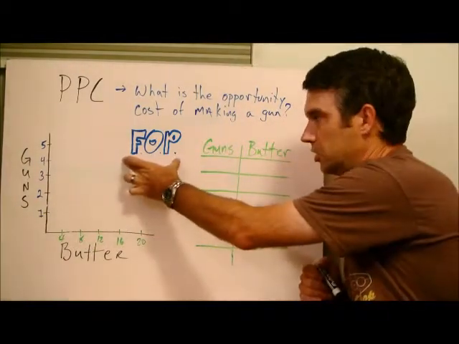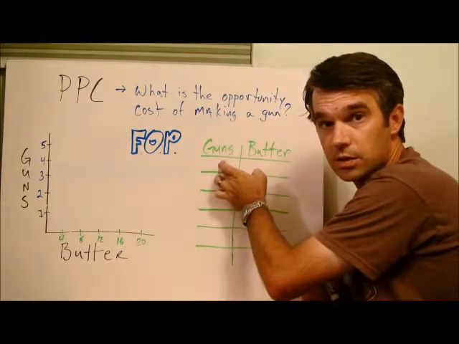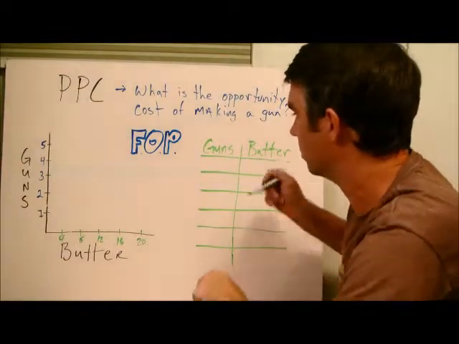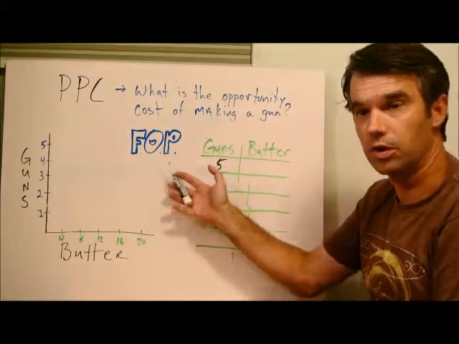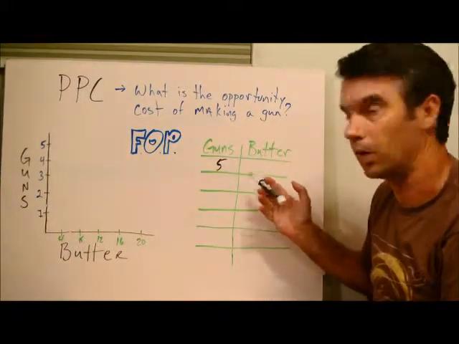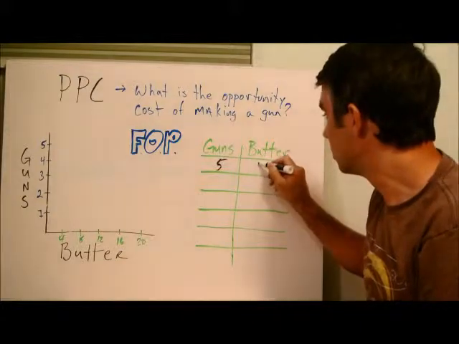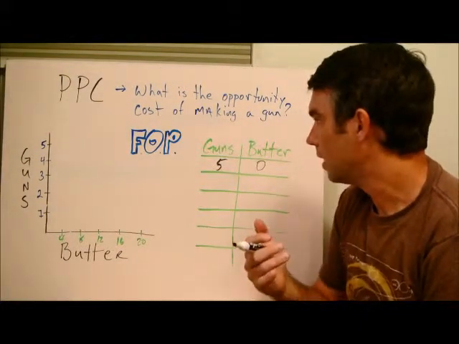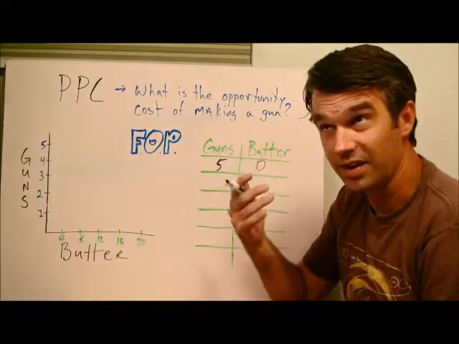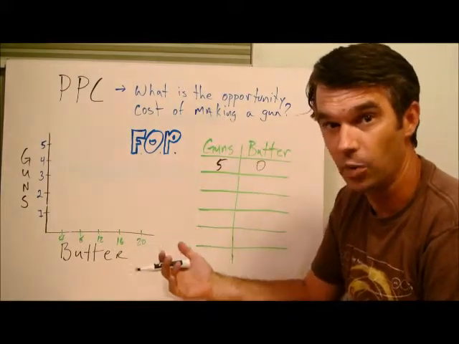So what we're going to start with is, okay, we remembered that if we take all of our factors of production and make only guns, I can make 5 guns. But if that's true, how many butter am I making? Well, I guess I'm making 0. Okay, now I'm like, I don't just need guns, I need some butter as well.